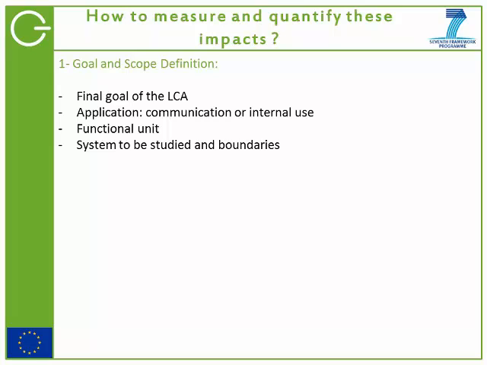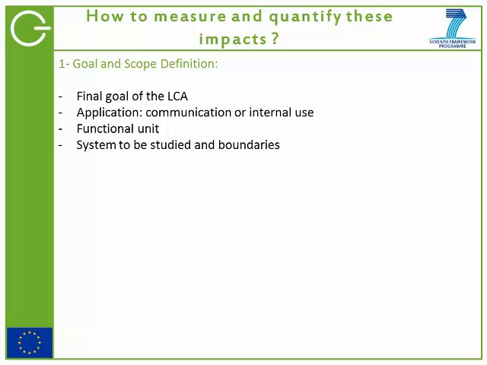A functional unit should be defined. This functional unit is the definition of why your product is used or why the product under study actually exists and what it is used for. I will give you an example of functional units in the next slide.